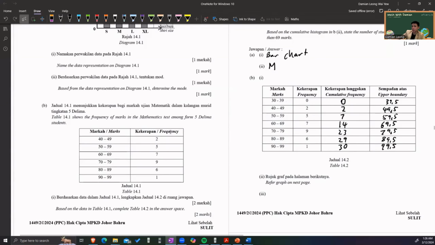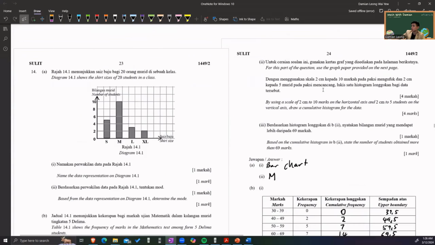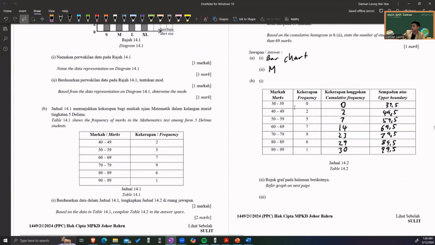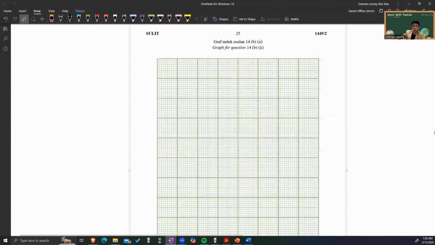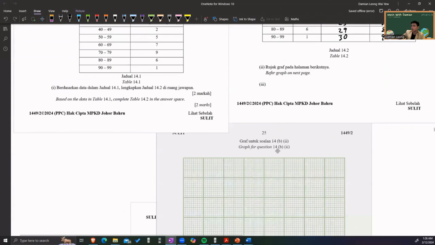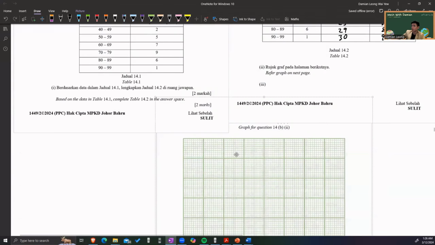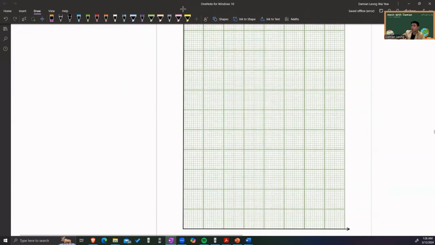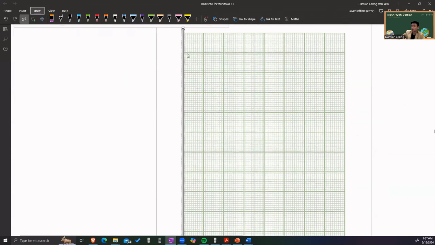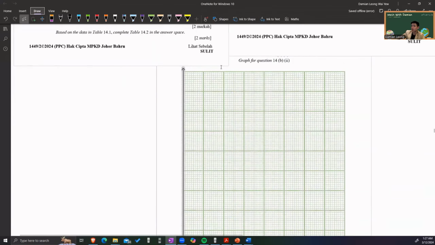Then B2, we want to draw the graph using the scale 2 cm to 10 marks on the horizontal axis, 2 cm to 5 students on the vertical axis. So we draw the graph. You can start from the bottom here. This is a cumulative histogram, which means we draw a histogram based on the cumulative frequency.